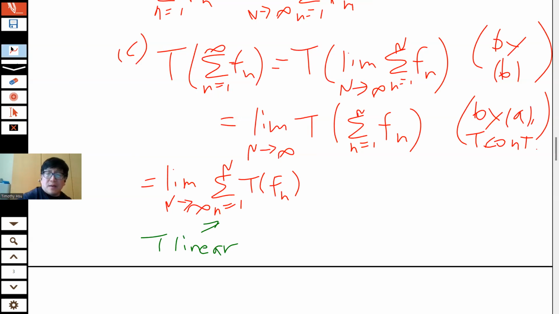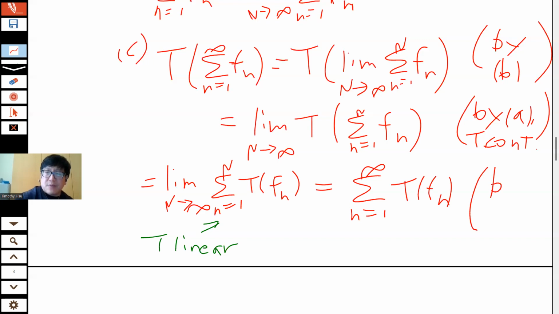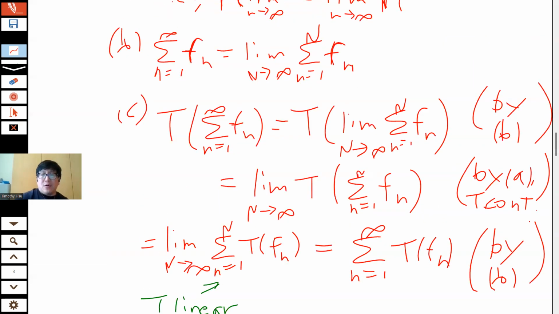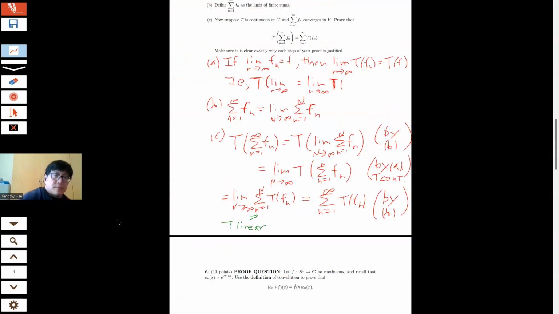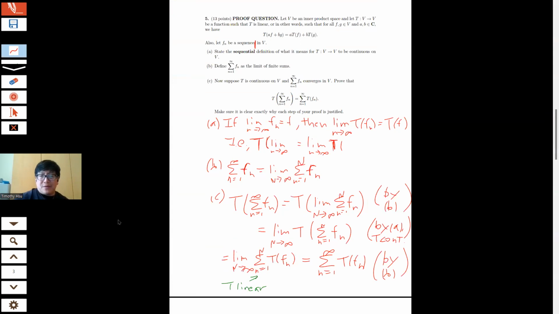And now this will be equal to the sum as little n goes from 1 to infinity of T of F sub n. Again, that's by B, or by definition of an infinite sum. All right, so it took a lot of space, but really it's not that deep in the end.